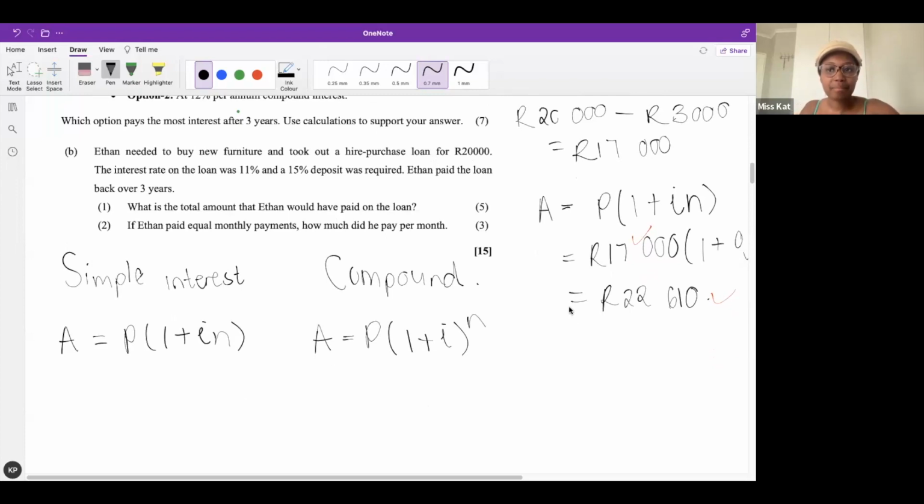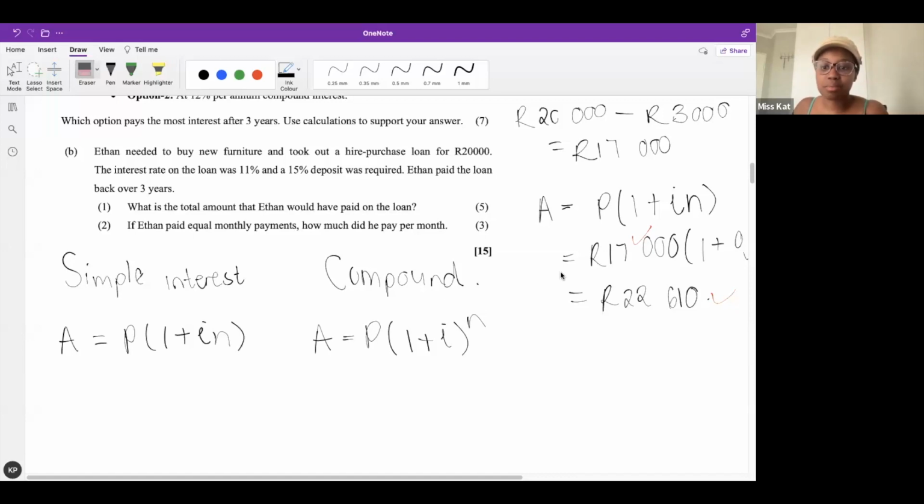Hello, ma'am. Can you use a compound interest formula with a sum for simple interest? No, you're not allowed to do that. Simple interest means you are getting the same interest over and over. Let's say I borrow you money, and I say I'm going to charge you 10% interest. 10% of 5,000 Rand is 500 Rand, right?